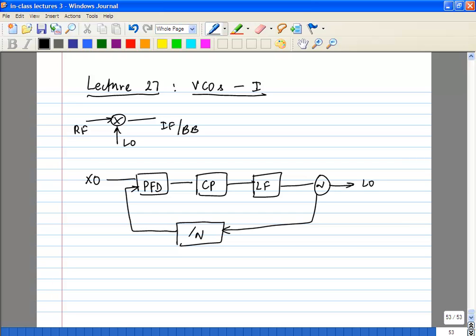And then that frequency and phase is divided down by some number N and fed back to the PFD.